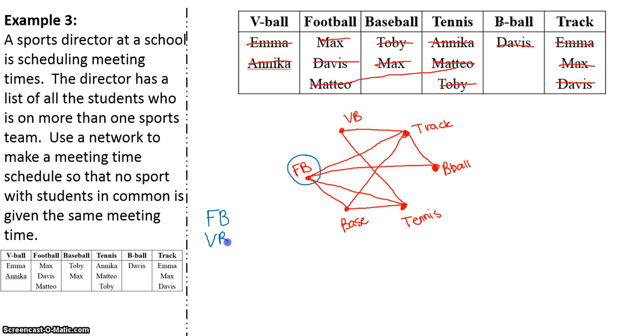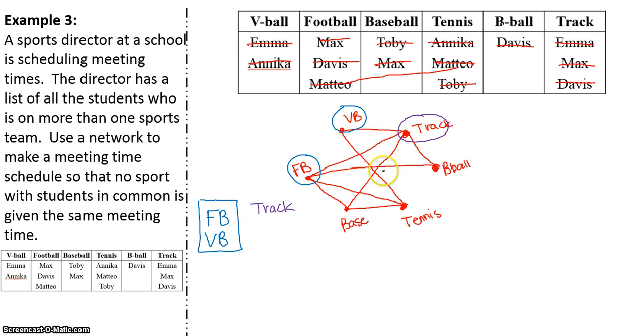So one set of meeting times is the director can put football and volleyball together because they don't have any kids in common. Okay, so those match. I've already used them. Now go to your next one. I'm going to go to track because that was the next highest. And then what is track not attached to that's not already been used?